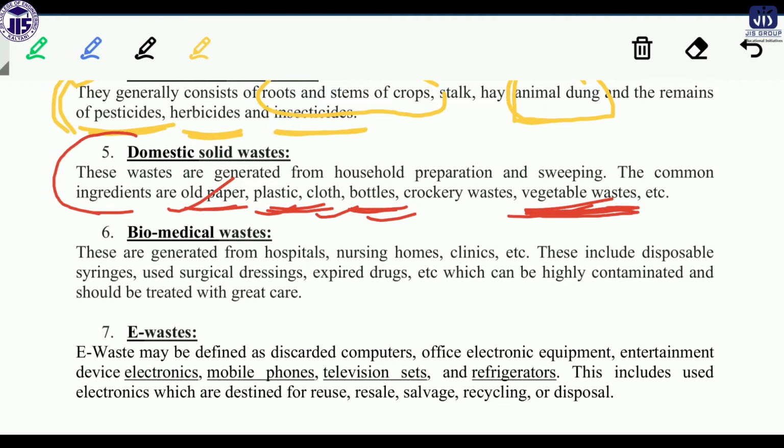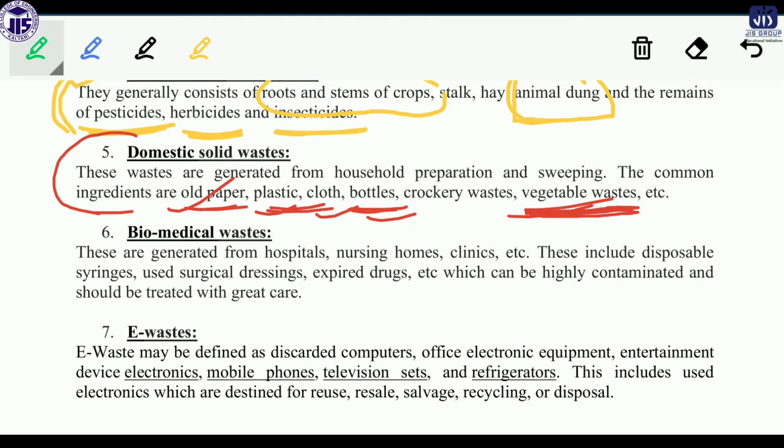So the main thing is that whatever type of solid waste is generated from domestic purposes, the house or the home, all those things are included in domestic solid waste.